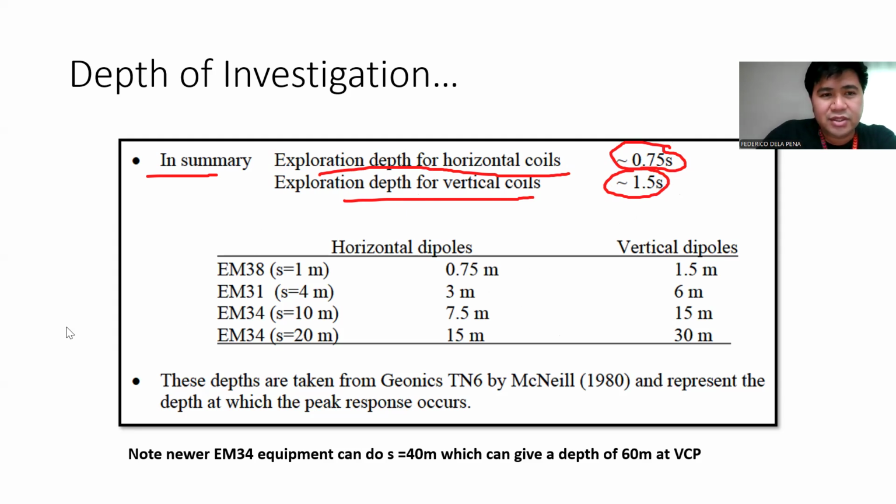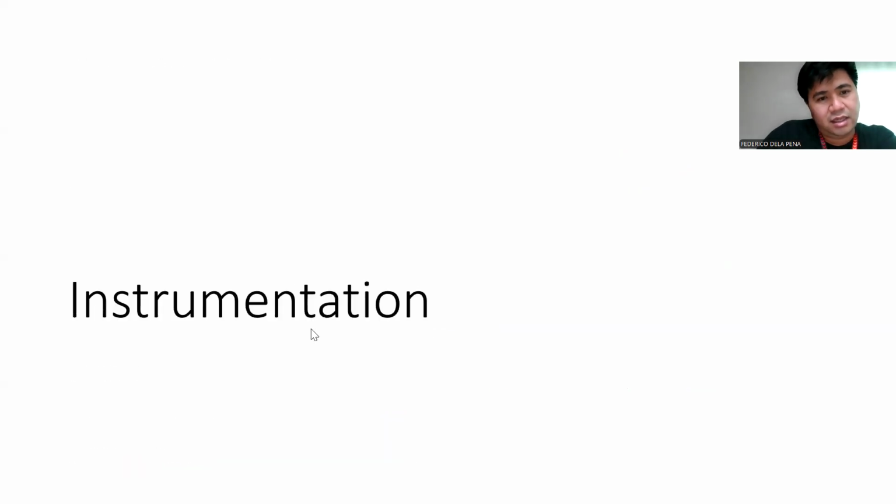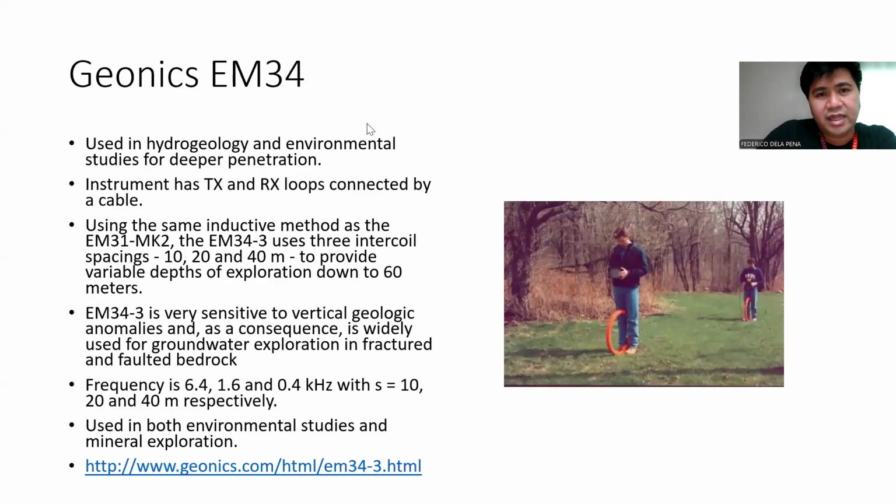So earlier I mentioned the EM31 or EM34, for example. The latest model of EM34 can do 40 meters coil spacing.